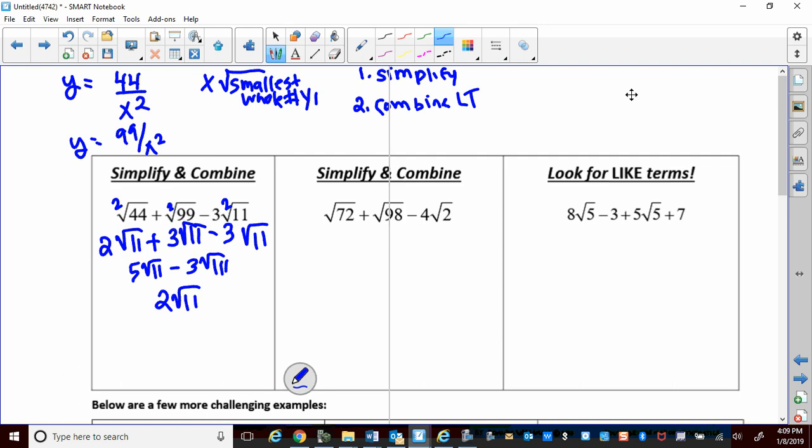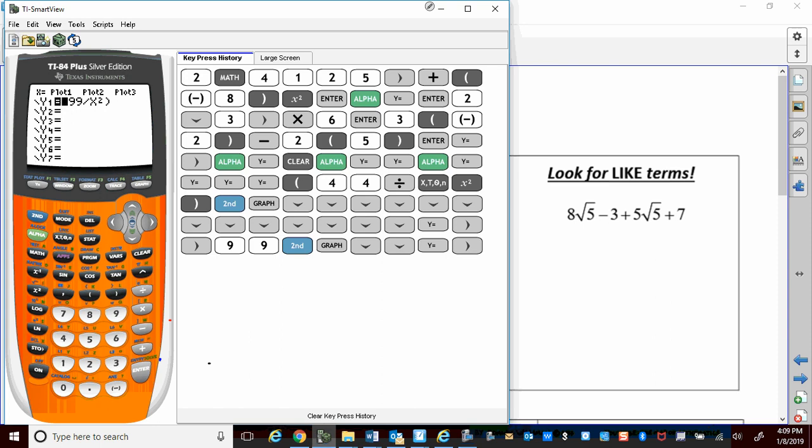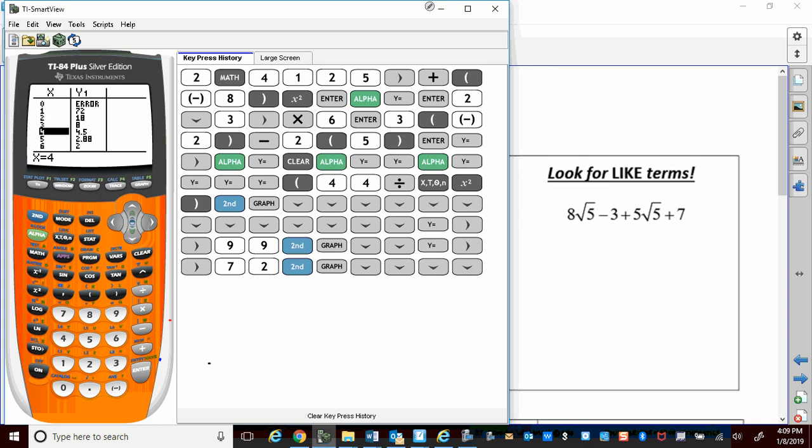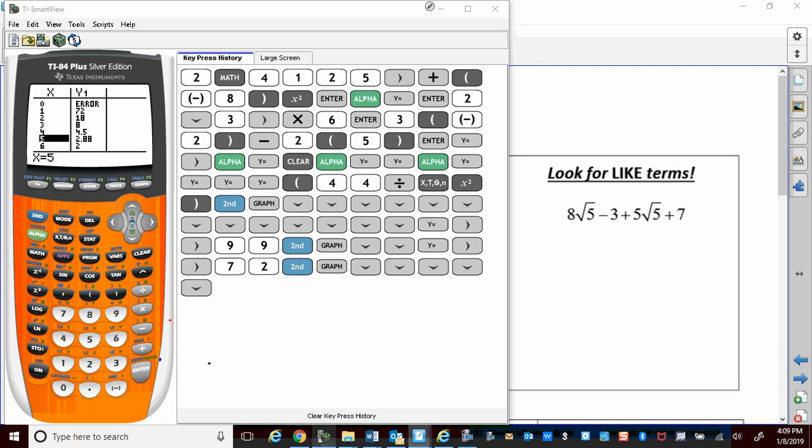Right? Now I'm going to simplify 72 and 98. I don't have to worry about the last one. So for 72, I go to y equals, type in 72, second table, and I get the smallest y value, 6 root 2, or 6 square root of 2, plus 98.